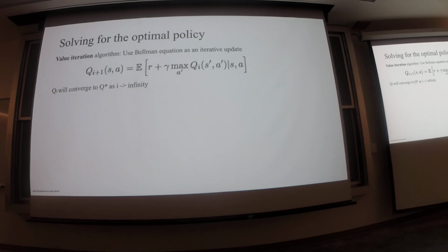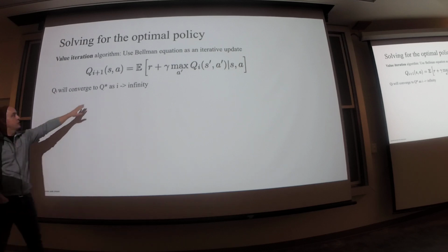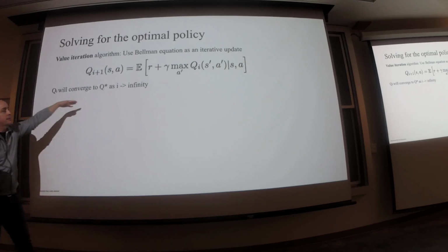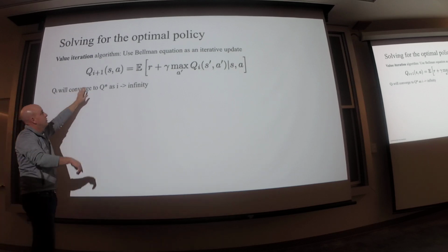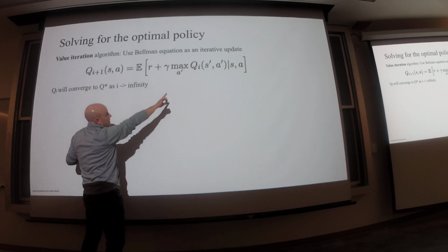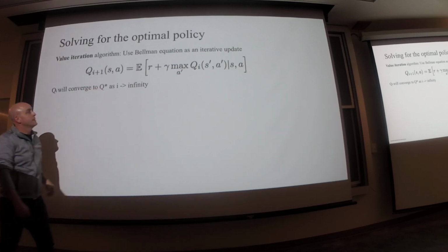Now that you have this recursive formula, you can actually use this to find the actual Q star. Notice here what we have is a Qi and a Qi plus 1.